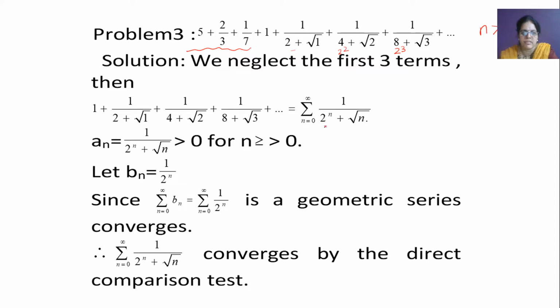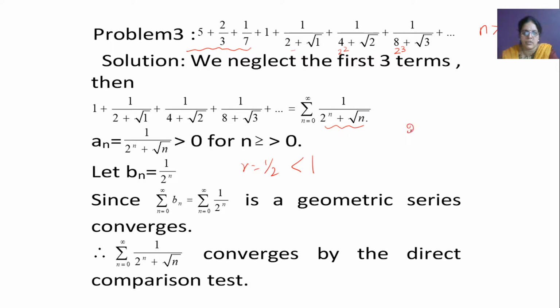So consider this as an now. An is 1 by 2 power n plus root n. Take bn as 1 by 2 power n. Clearly we know that sigma bn is sigma half power n with r equal to half less than 1. So it is a geometric series, it converges.